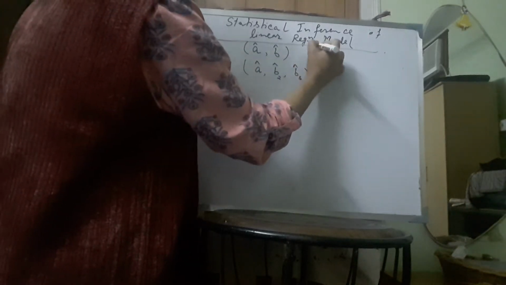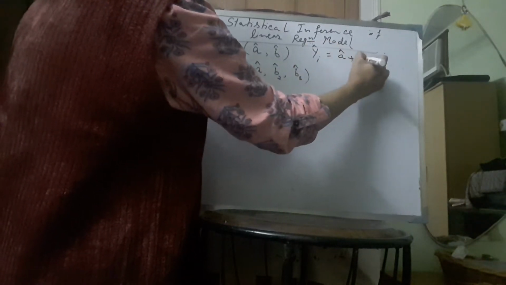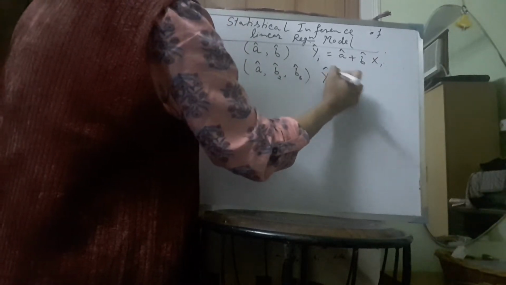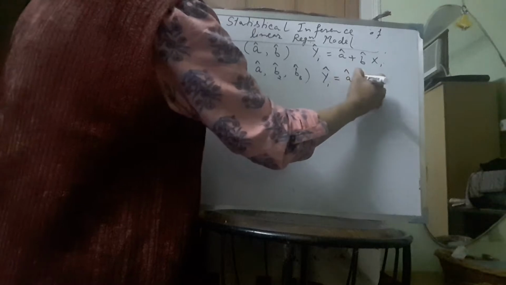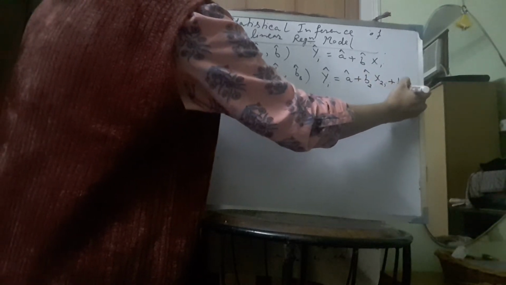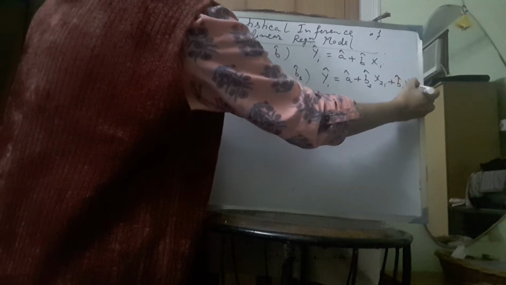So here yi hat is equal to a hat plus b hat xi, and here yi hat is equal to a hat plus b2 hat x2i plus b3 hat x3i.